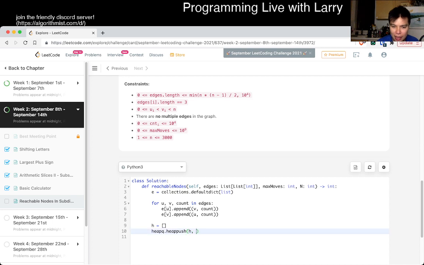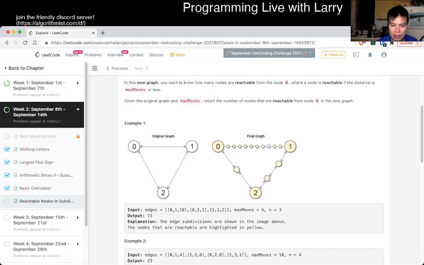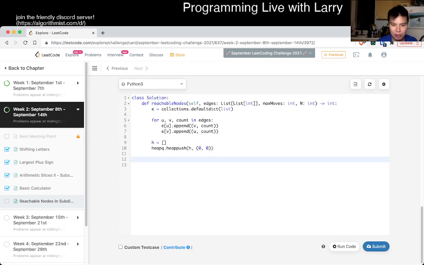Let's just set a heap, and then we set heapq dot heappush, heap. Let's just call it h. I want to add, yeah, and then this is node 0 or 0, 0. This is just a lot of if statements. I think that's the thing. But yeah, while length of heap is greater than 0, we have to do more things here, by the way.